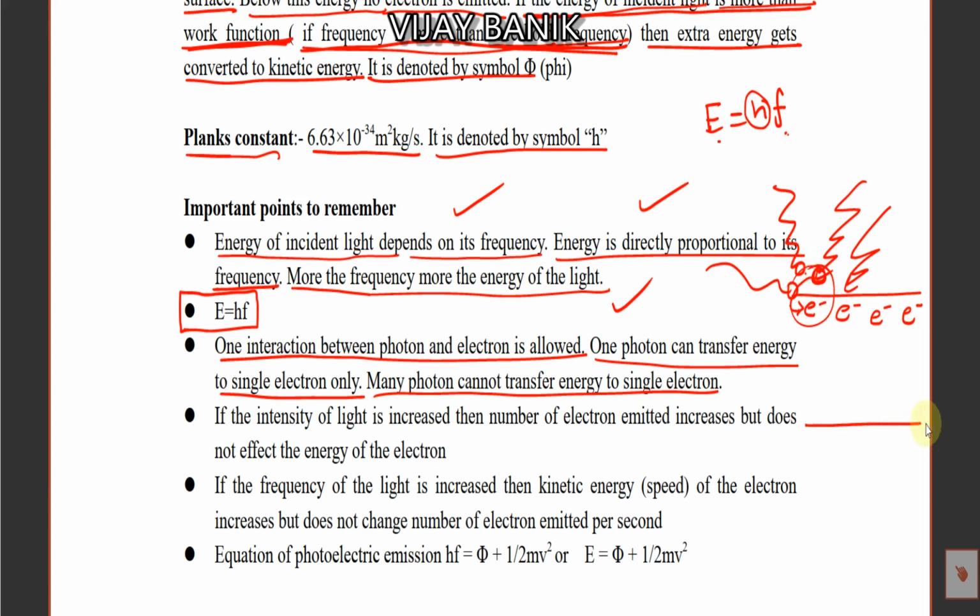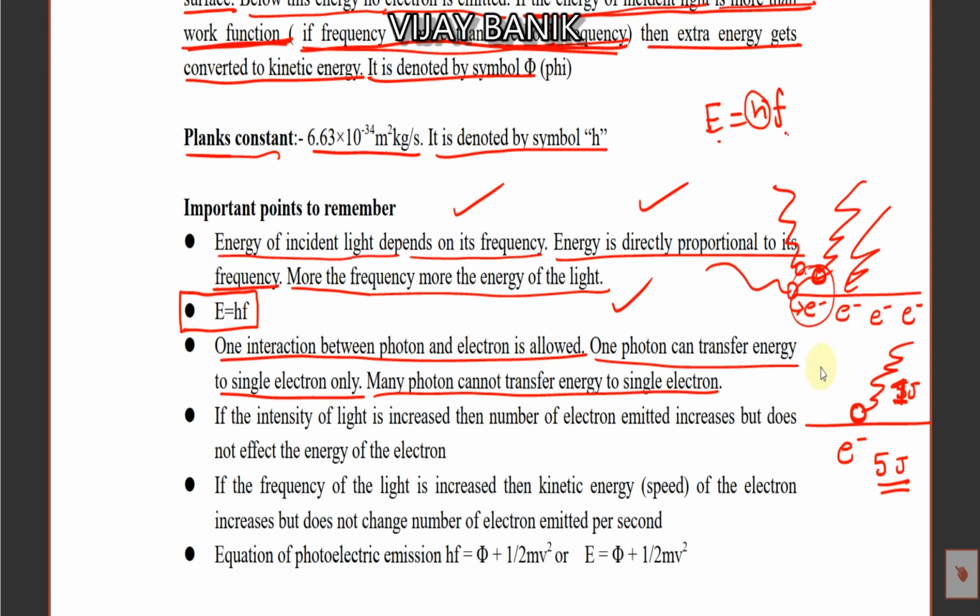For example, if an electron requires, let's say, 5 joules, then one single photon should have 5 joules or more than 5 joules. It can have 6 joules, 7 joules, but minimum it needs 5 joules, right? This is the work function. You need to have equal to work function or more than work function if you want an electron to eject. But let's say this photon has only 1 joule.